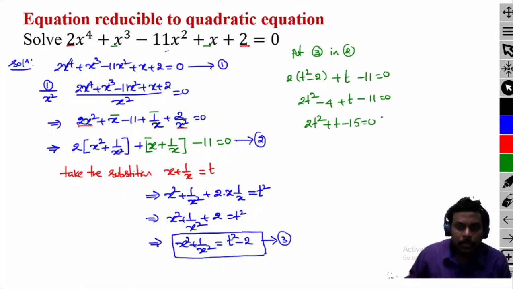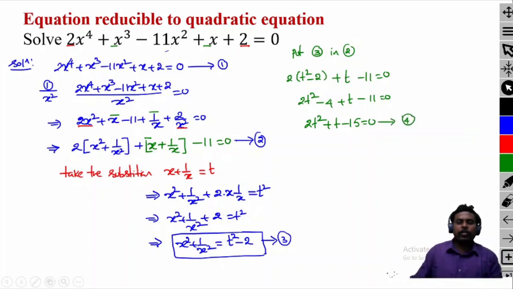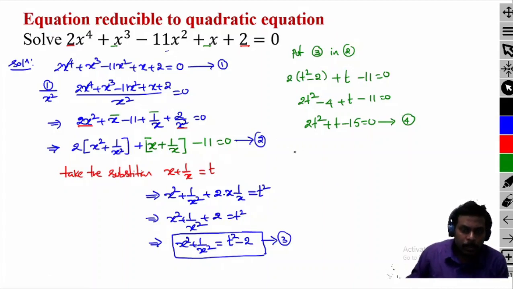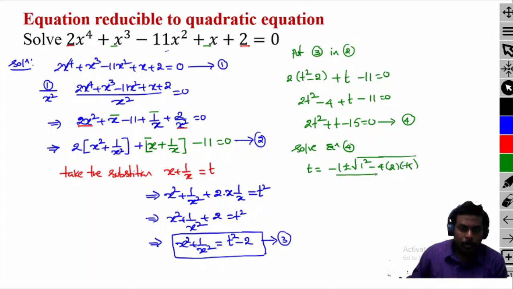Now let us try to solve this equation. This is equation 4. So the t values are going to be minus 1 plus or minus under root b square, that is 1 square, minus 4 into a into c, divided by 2 into 2.